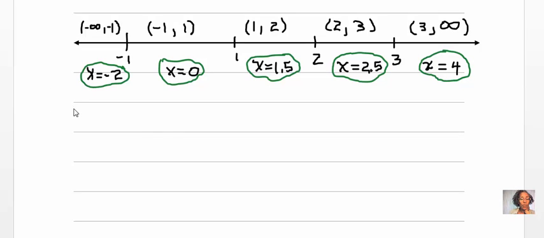Okay, so what we're testing is, we're going to put it in factored form.